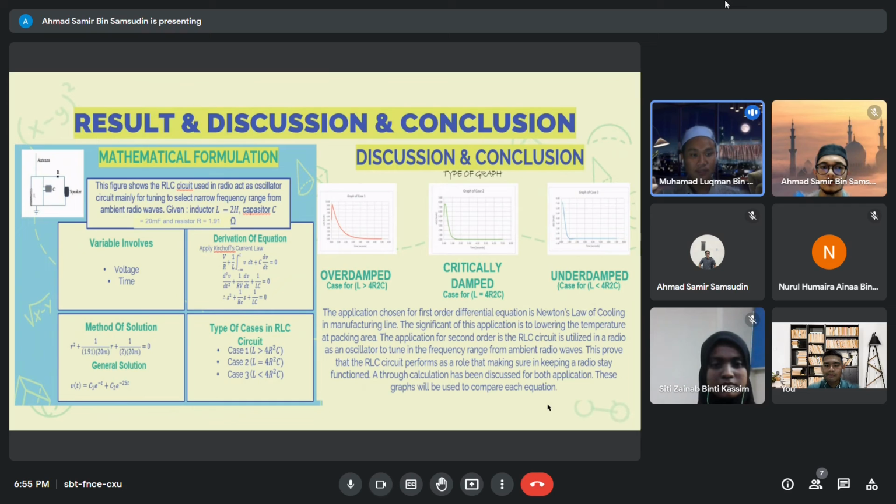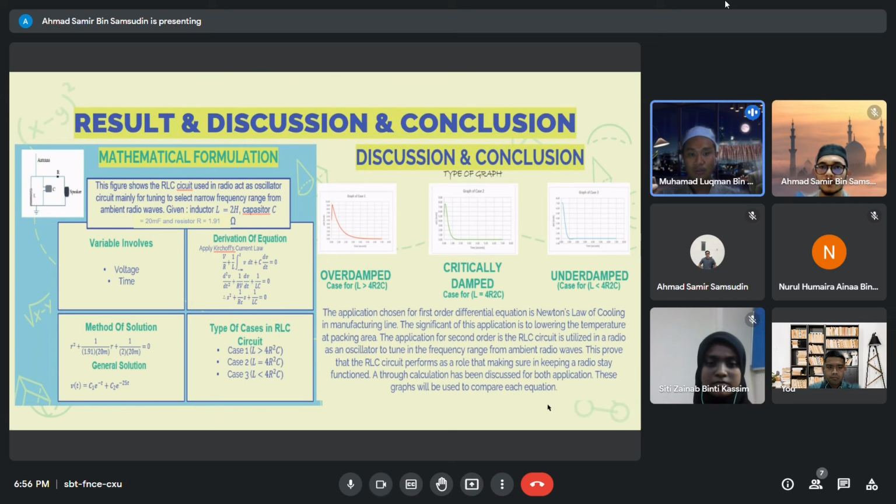The next solution is V(t) = C1 e^(-t) + C2 e^(-25t). So we can get three types of cases in the RLC circuit: case 1 is L more than 4R²C, case 2 is L equal to 4R²C, and the last one is case 3, L less than 4R²C.